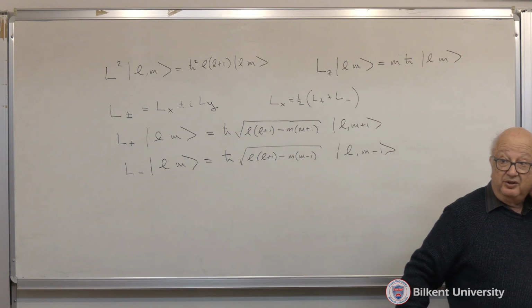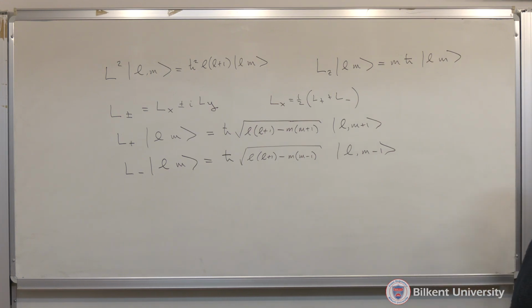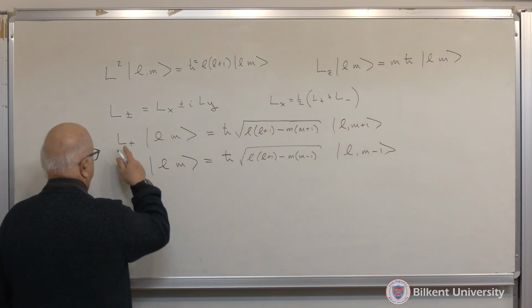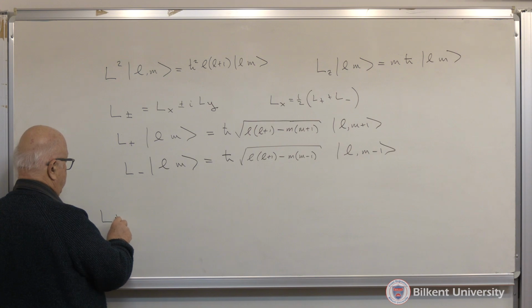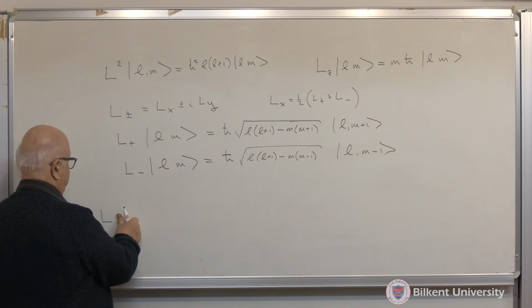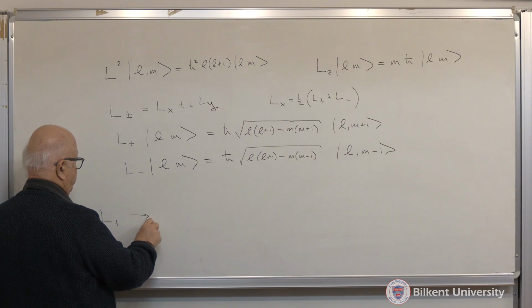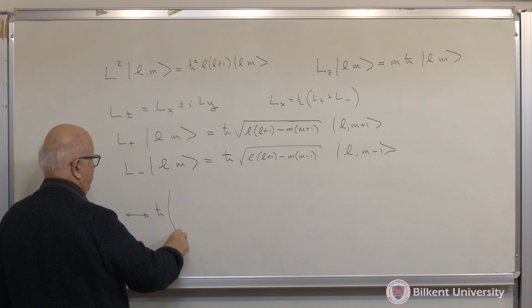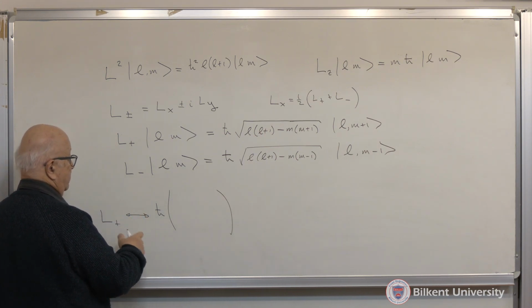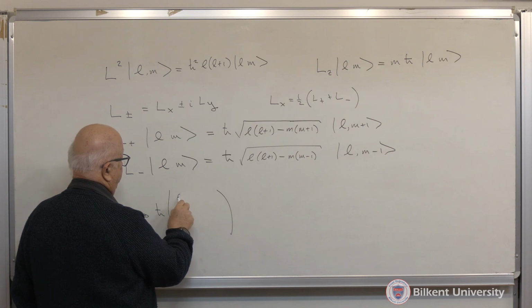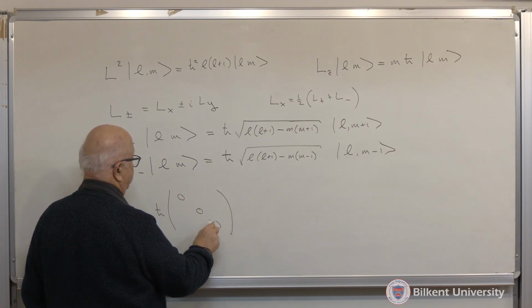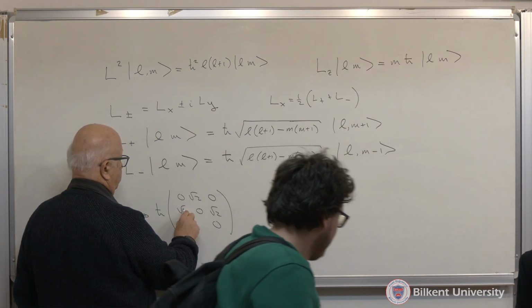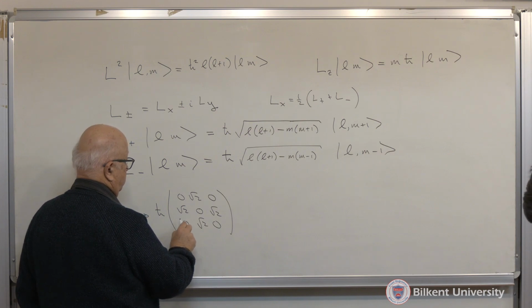And last time we started out finding matrix elements associated with Lx. So what we did was we first looked at L plus. L plus was associated with a matrix which has an h bar in it, and because it's L plus, we had only upper diagonal terms: the diagonals are 0, root 2, root 2, 0, root 2, root 2, 0.